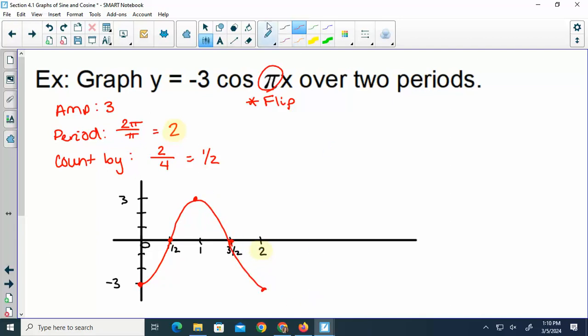And if I said 2 periods, what would we do? Go to 4. I meant to write 8 halves, 4, but then I just wrote an 8. Yeah, because you double your period. 4 more points, so 2 plus 1/2 is 5 halves. 6 halves is 3. 7 halves. 8 halves is 4. And then just continue with half. This is not curving.